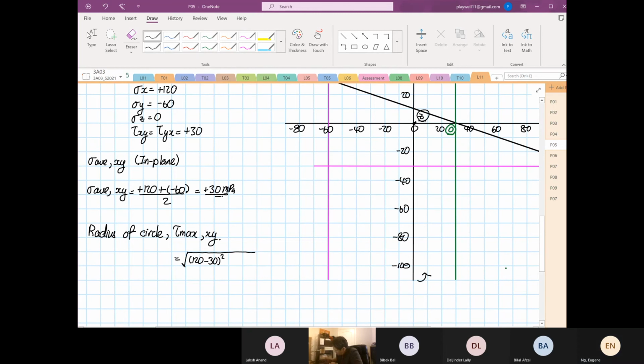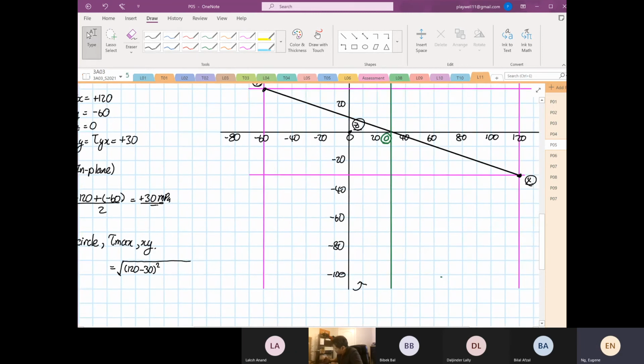But just observe through the circle. Don't memorize formulas. Then plus 30 squared. So this will be equal to the square root of 120 minus 30 squared plus 30 squared, which is equal to 94.868.